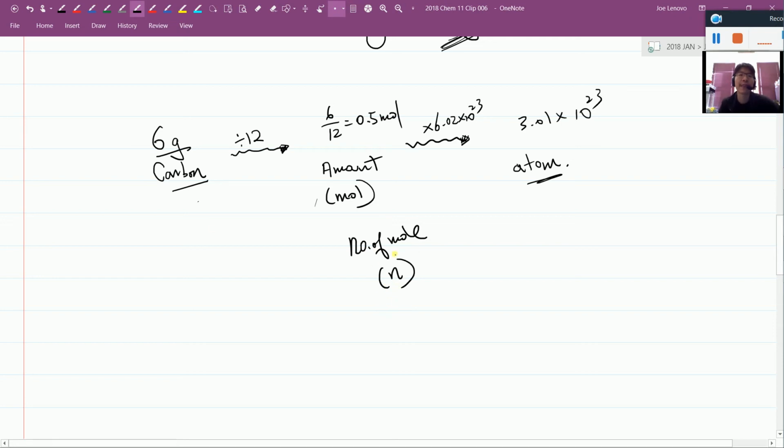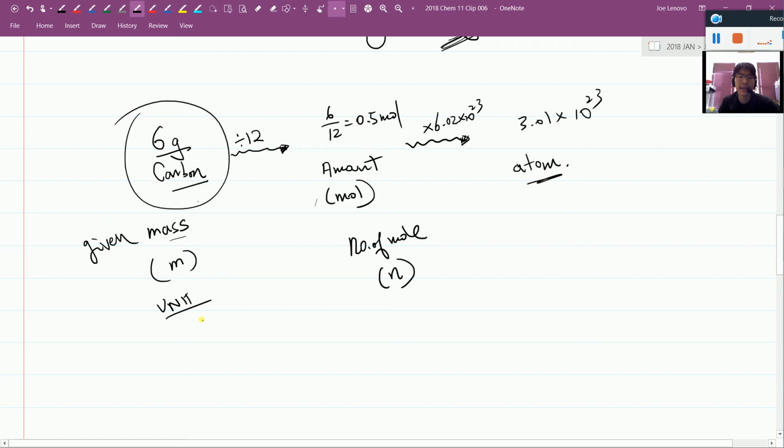If I give you 6 grams of carbon, we call this the actual given mass, and we use the symbol m to represent it. The unit for mass is gram. The unit for measuring the amount of mole is mol, the shortened form of mole.